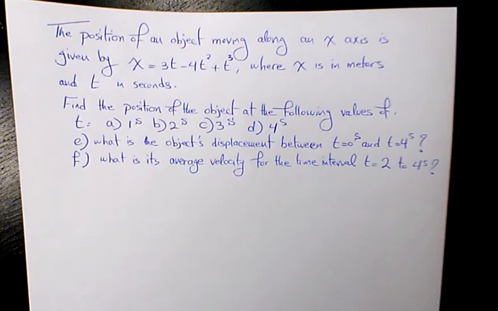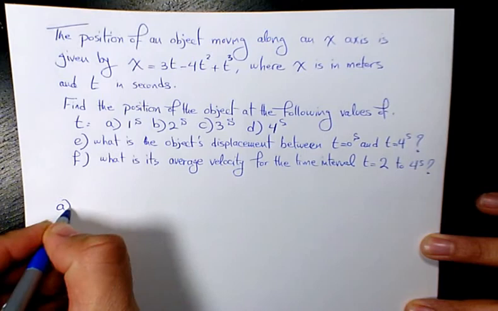Find the position of the object at the following values of t: a, at 1 second, b, at 2 seconds, c, at 3 seconds, and d, at 4 seconds.